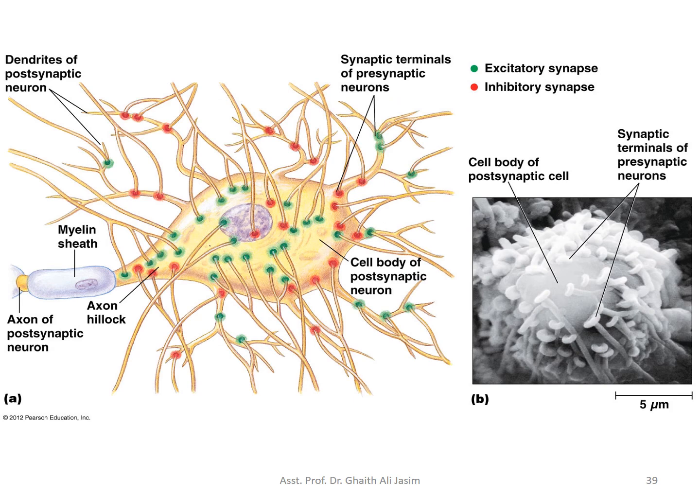Here we can find an image of an electron microscope showing the synaptic terminals, hundreds of synaptic terminals of presynaptic neurons connected to a cell body of a postsynaptic neuron, and to the left we can see the illustration of the neuron and different excitatory synapses and inhibitory synapses.